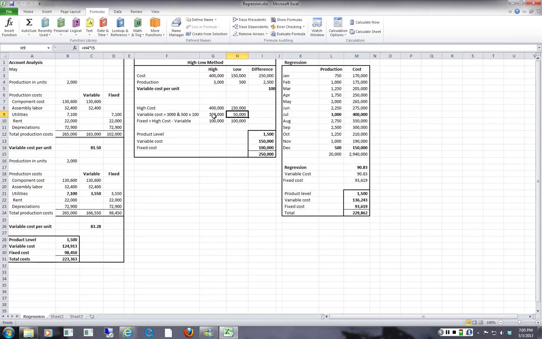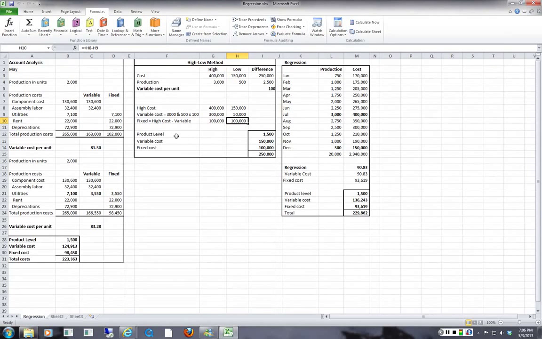This is the variable cost. We take that variable cost of 300,000 for the high, subtract it from the high of 400,000, so we come up with a fixed cost of $100,000. And the fixed comes up the same way. We take this 50,000, which is our variable cost, and subtract that from the total cost, and we come up with a fixed cost of 100.